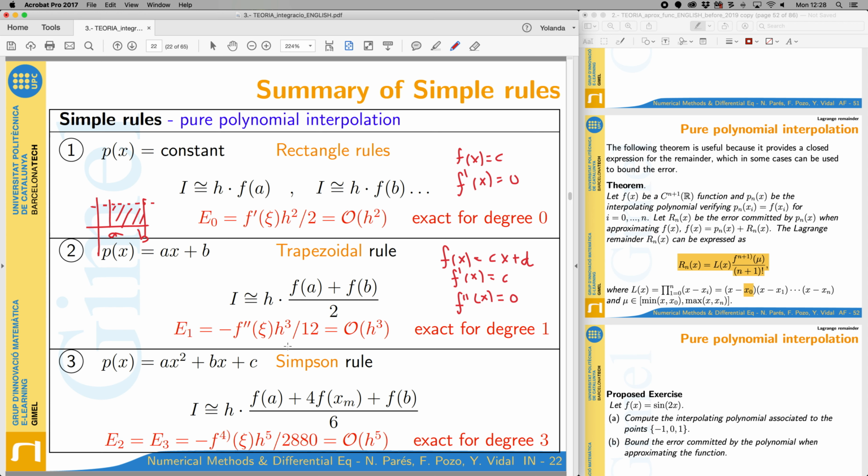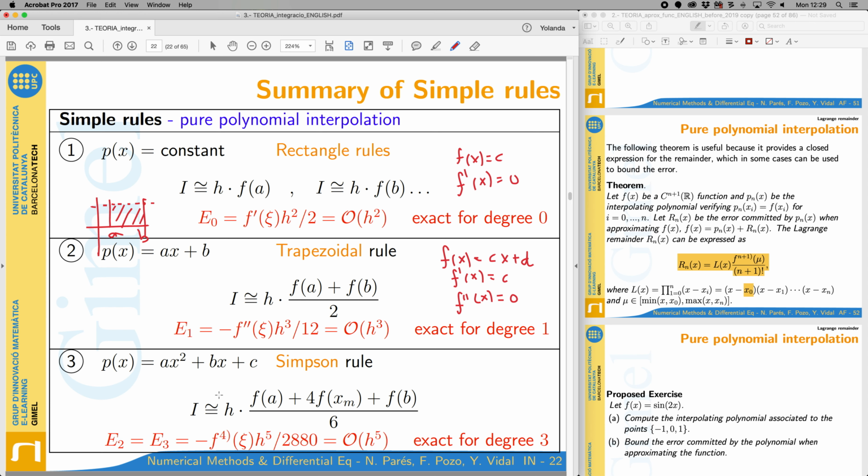Now, what is really something unexpected is that Simpson's rule is able to compute exactly integrals of polynomials with degree 3. We were expecting here degree 2 because Simpson is using a parabola to approximate the function. So, of course, it's obvious that it must compute exactly the integral of parabolas, but it happens to have this so-called superconvergence, and it's capable to compute not only exactly the integrals of parabolas, but also of cubic degree 3 polynomials.